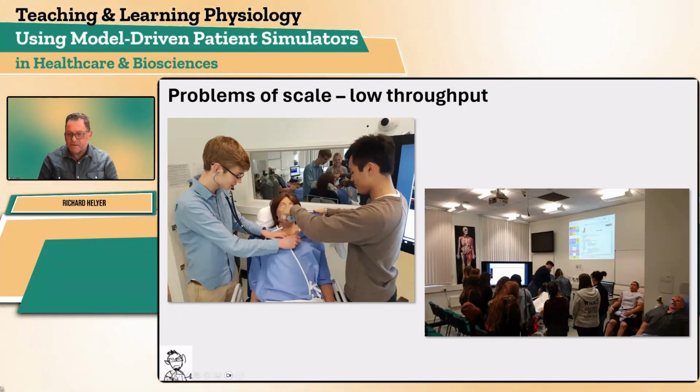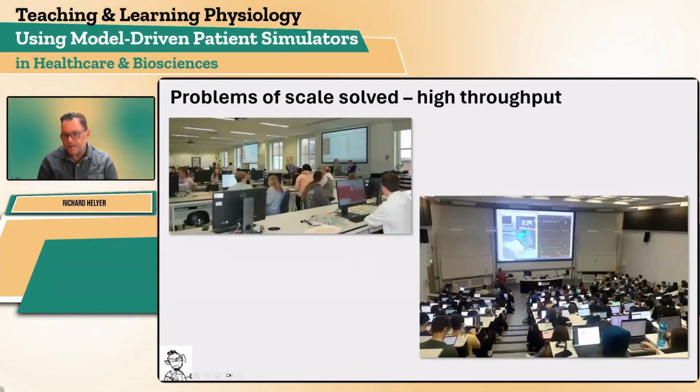So what this allowed us to do, the next slide please, is upscale and take simulation outside of the simulation suite. In the picture on the left, there is a little mobile tetherless simulator, just poking the head up, that's Athena. And there's Kat and a member of faculty, and that room will accommodate 140 learners.